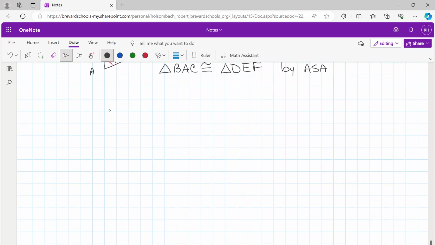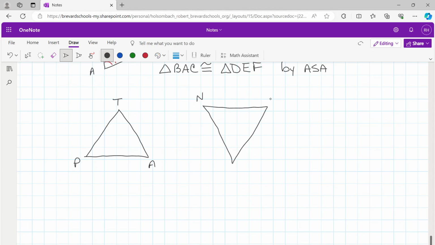If you were to draw a couple of other triangles, let's say we got TPA and NBR.